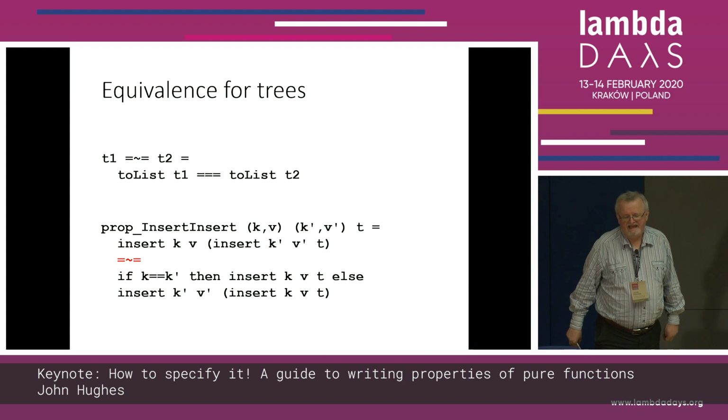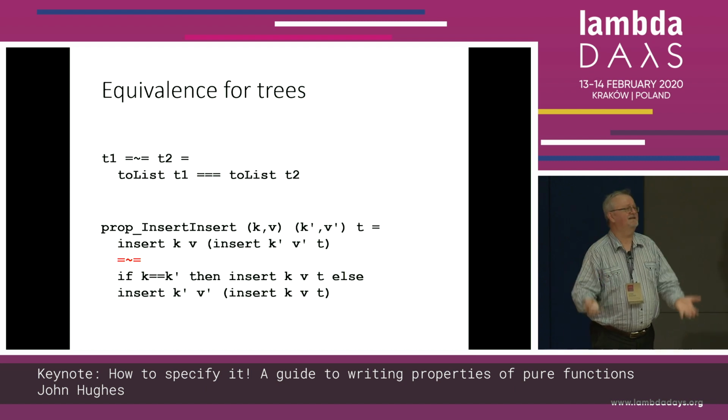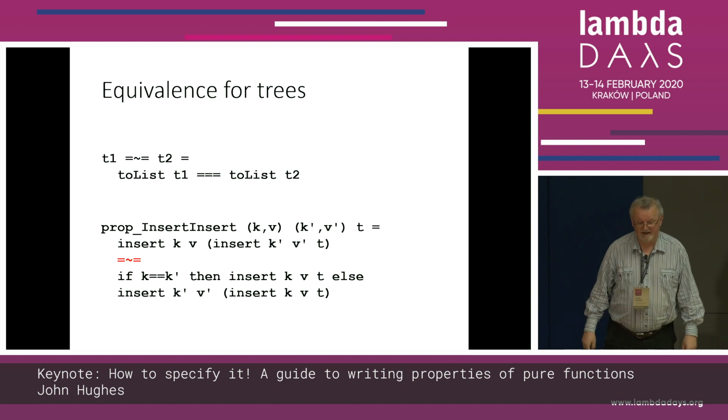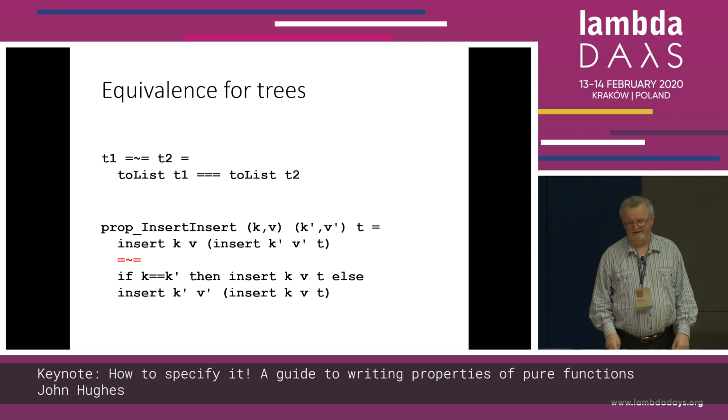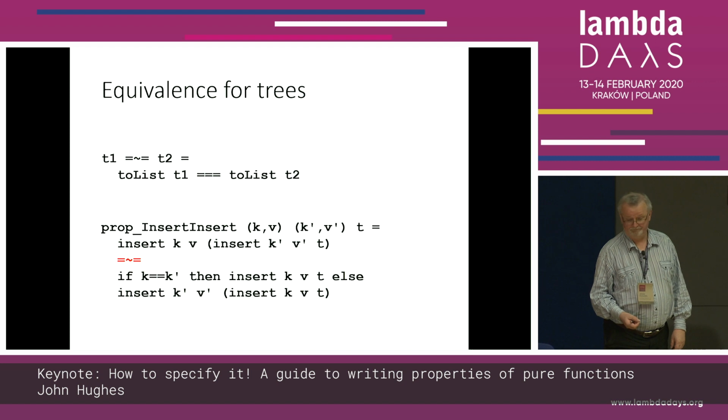And I'm going to say they're the same if, when we convert the trees to the list of keys and values, they contain the same content. And then I just rewrite the property to say that the trees that I get by these two routes are always equivalent. This property passes, and it's a really good property for testing.